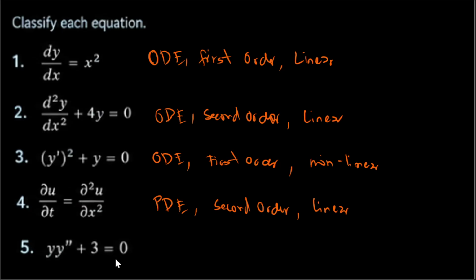And for this one, this is an ordinary differential equation. We have a double prime, so this is second order. For linearity, your y prime is divided by y, so it is a multiple of itself. So this is nonlinear.